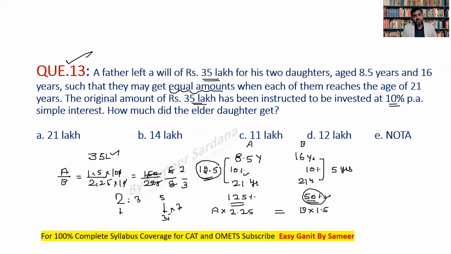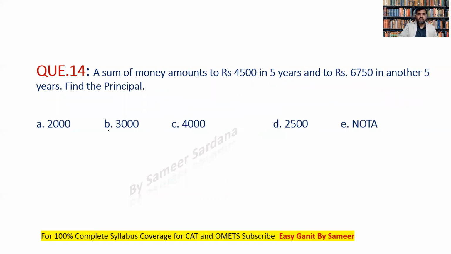That is, the younger one will be getting 14 lakh and the elder one will be getting 21 lakh. You're supposed to find out the elder one. The elder one will be getting 21 lakh. This would be the correct answer.